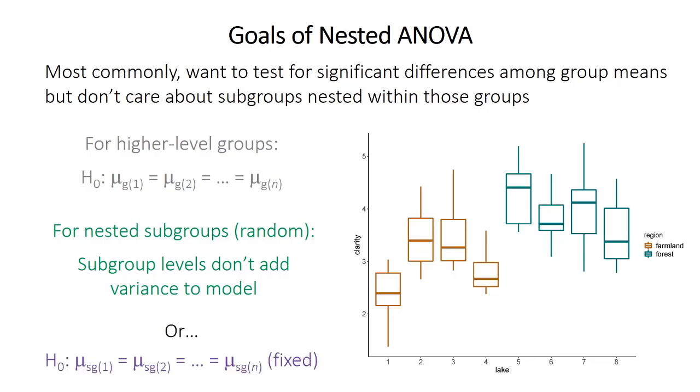In contrast, if these nested subgroups are fixed effects, say we actually do care about the differences among the lakes, and we have some reason for wanting to know if Lake 1 and 2 differ from each other and from Lake 3 and so forth, we could treat them as fixed effects, and the null hypothesis then would be the same as for the main group: that the means of each level in our category are equal.